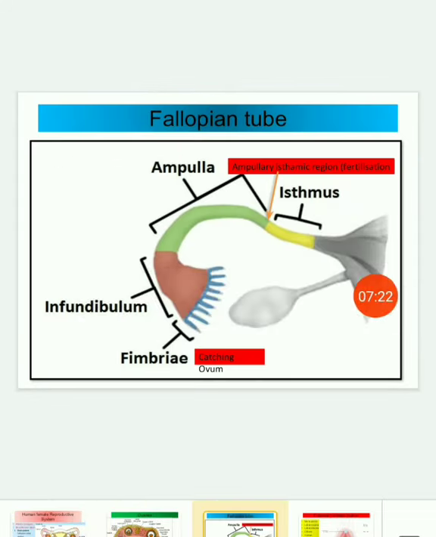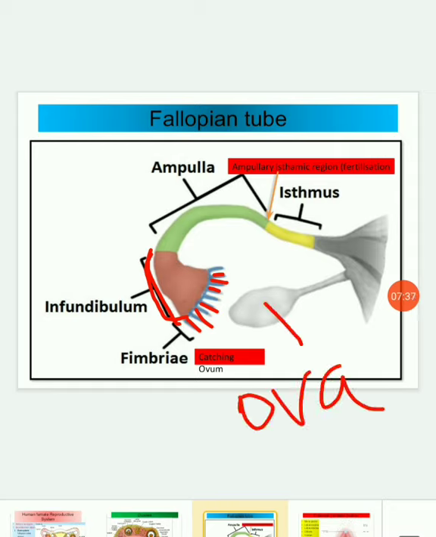The first portion of the fallopian tube is funnel-like, with finger-like projections. When ova is released from the ovary by ovulation, these are called fimbriae. They are responsible for catching the ova, and it goes through the infundibulum.